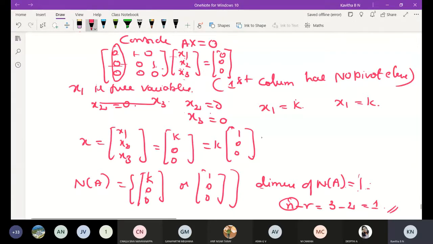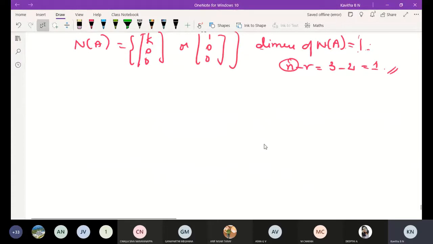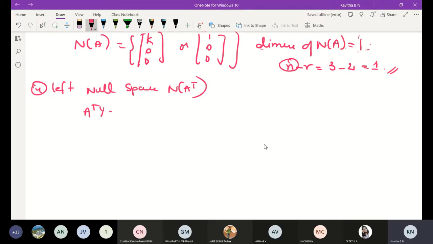Then find out the left null space, N of A transpose. A transpose y is equal to 0. Here A transpose is equal to [0, 0, 0; 1, 0, 0; 0, 1, 0].